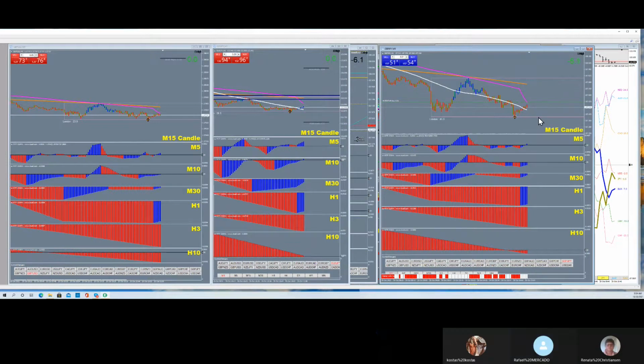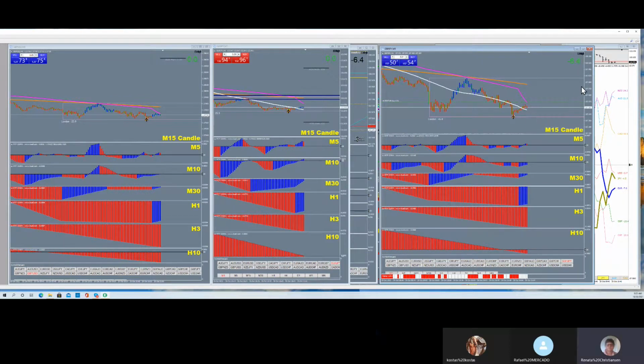You can see the angle of this. This is a strong angle, so the momentum is still short. The 1 minute is trying to turn around.